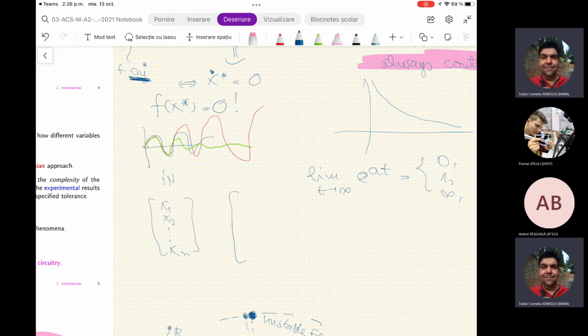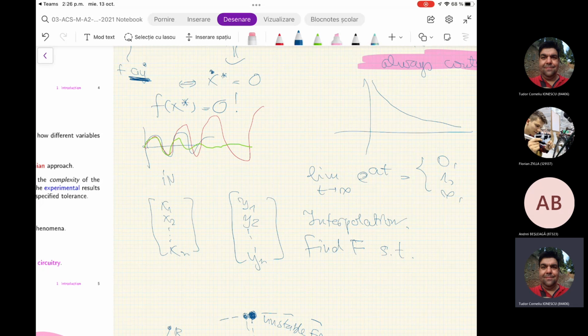Let's call it a plant at this time, and you have output sets y1, y2, up to yn. Interpolation means find F, some function, some operator, such that F(xi) is yi. This is essentially, very briefly, the definition of interpolation.